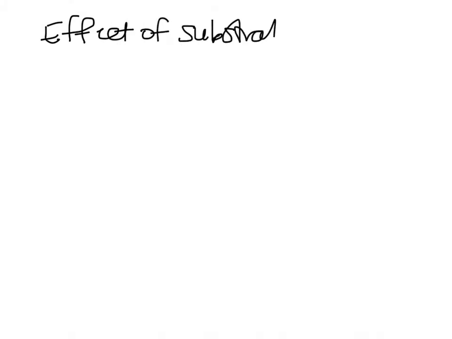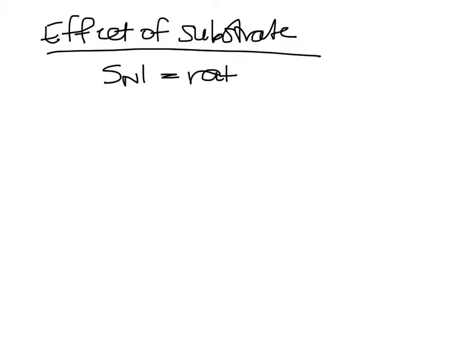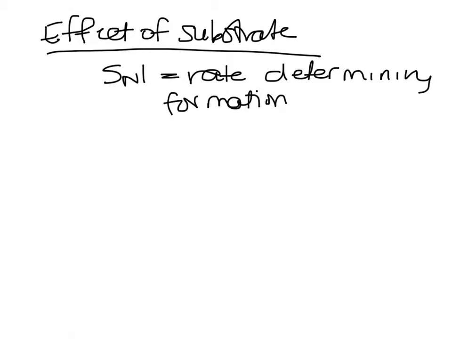Let's look at the effect of the substrate. Okay, in SN1, the rate determining step is formation of a carbocation.